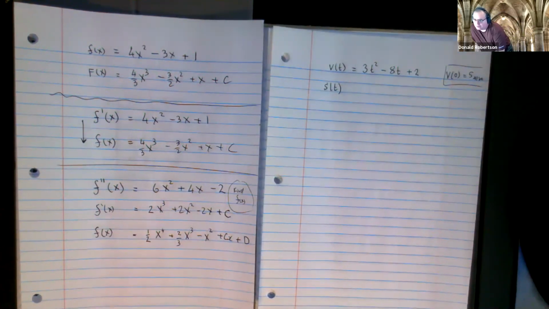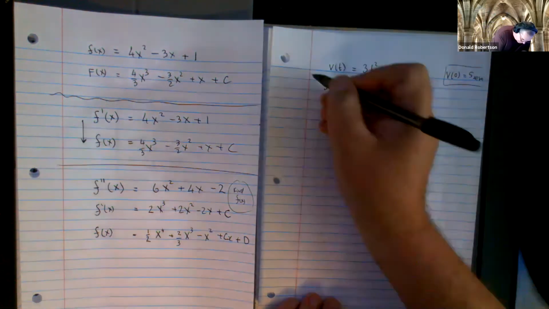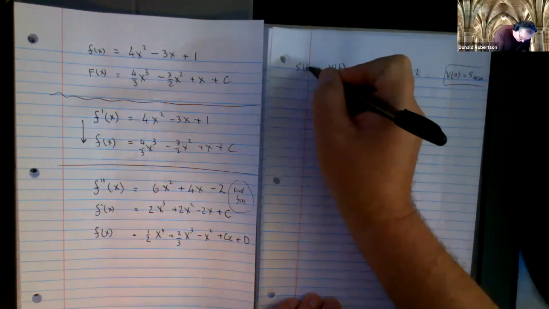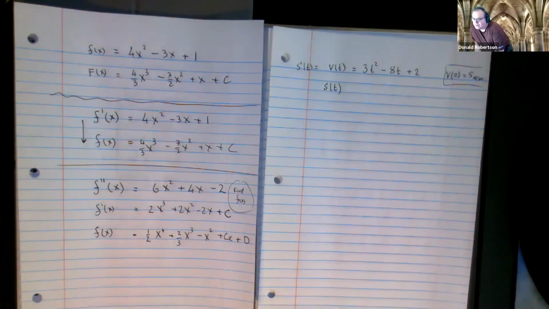Isn't the velocity function the derivative of the position function? So if you find the antiderivative of velocity, aren't you finding the position function? So you see, basically, antiderivative of velocity is position.